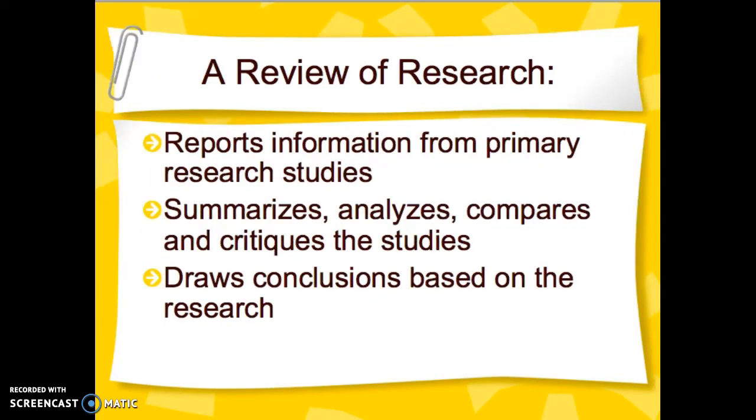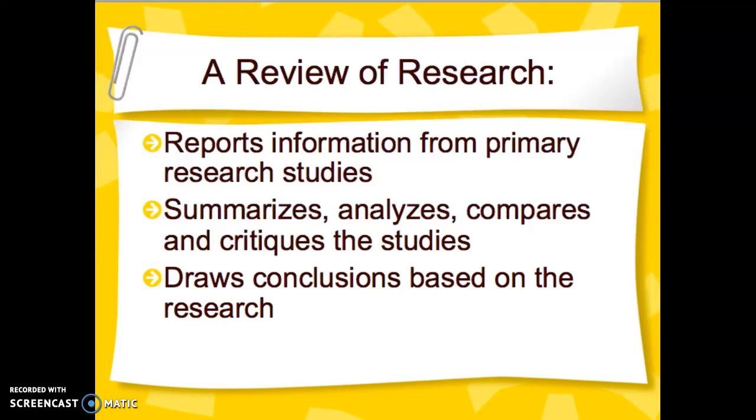So, the review of research will report information from primary research studies and will summarize, analyze, and compare and critique the studies. This is not an annotated bibliography. Sometimes people will think, oh, I'll describe study number 1, then study number 2, then study number 3 in kind of a list. That isn't the intent here.